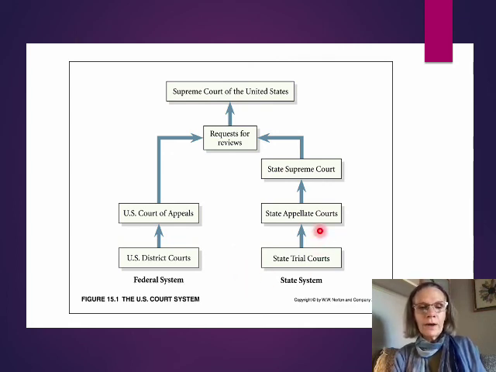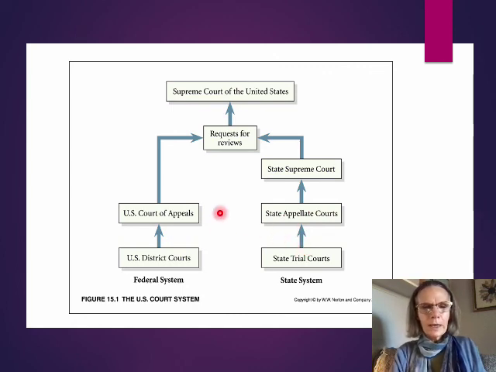And so if there is a state court criminal case that triggers something in the Constitution, so let's say that you're charged with the crime and tried and found guilty, but you feel like the evidence was improperly collected, therefore a violation of the Fourth Amendment's unreasonable search and seizure clause, then you could say, wait a second, the Fourth Amendment was violated. And then you could take it to the state appellate court and they could determine that.